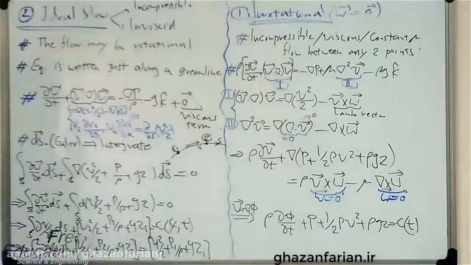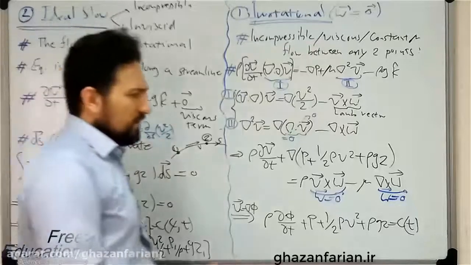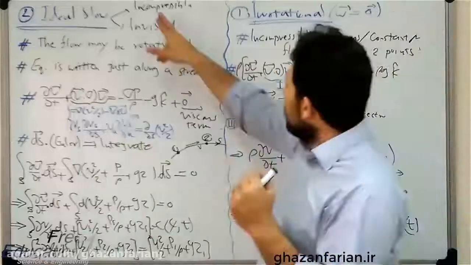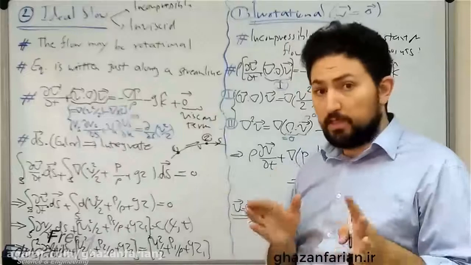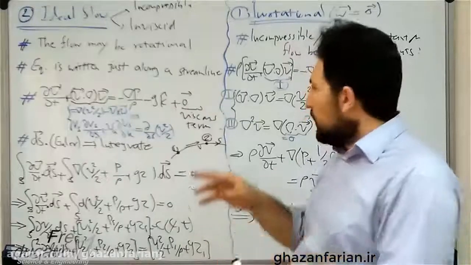The second version of the Bernoulli's equation is for the ideal flow. Based on your knowledge in basic fluid mechanics, the incompressible and inviscid flow is called the ideal flow. Ideal flow is something different from the ideal gas or perfect gas.